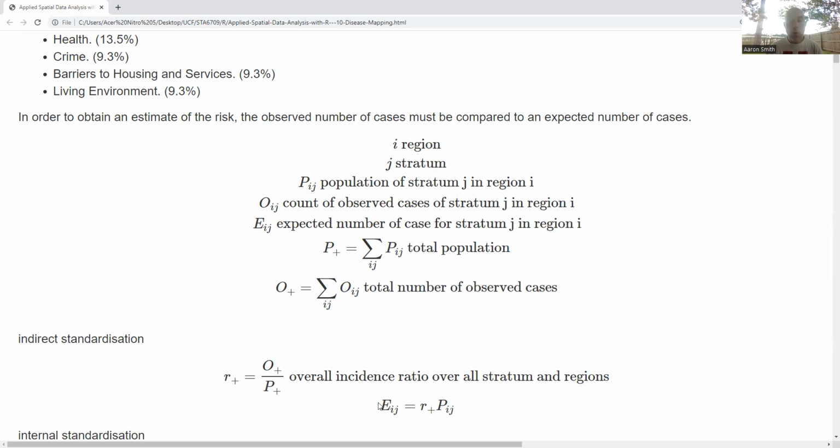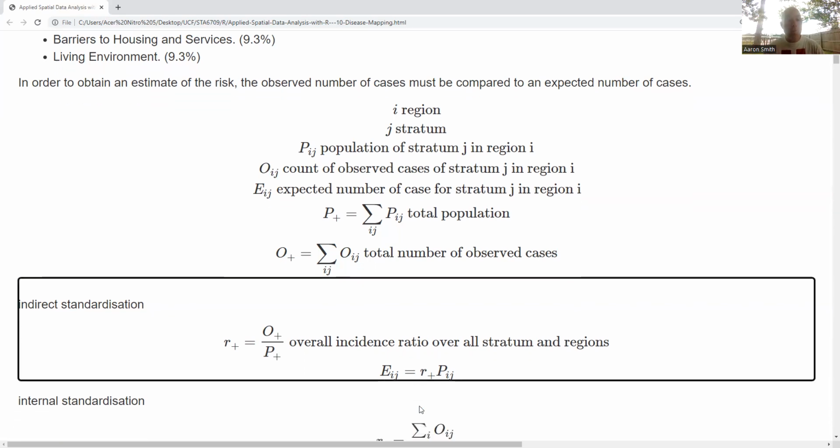Then the expected number of cases for a particular subregion that we're interested in is going to be the overall incidence ratio times the population size that we're interested in. This is going to be a relatively coarse number, like the overall population mean estimate for what's going on.